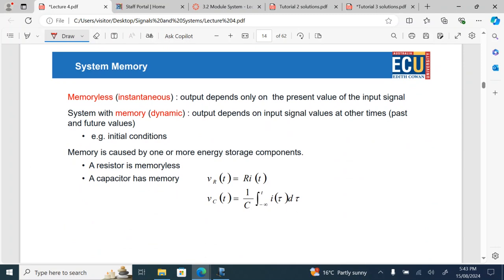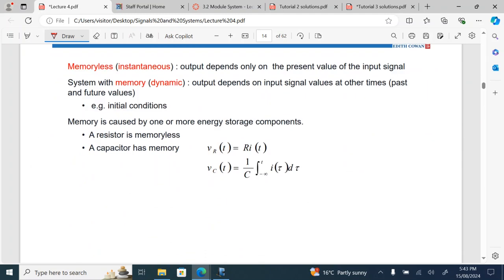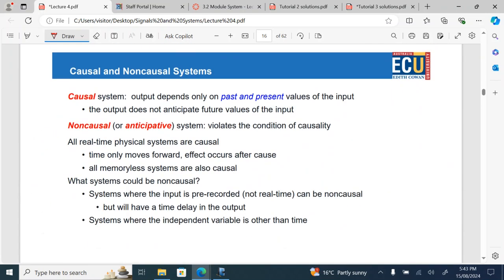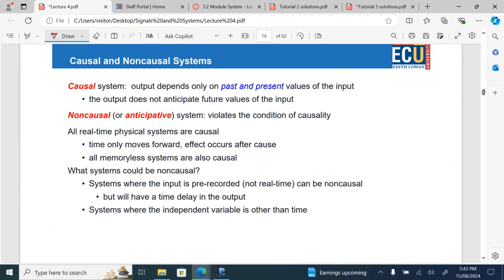Remember memoryless systems? If it depends on the past or future, then your system has memory. If it only depends on the present, then it doesn't have memory. The last one is causal. If it depends on present and the past, it's causal.